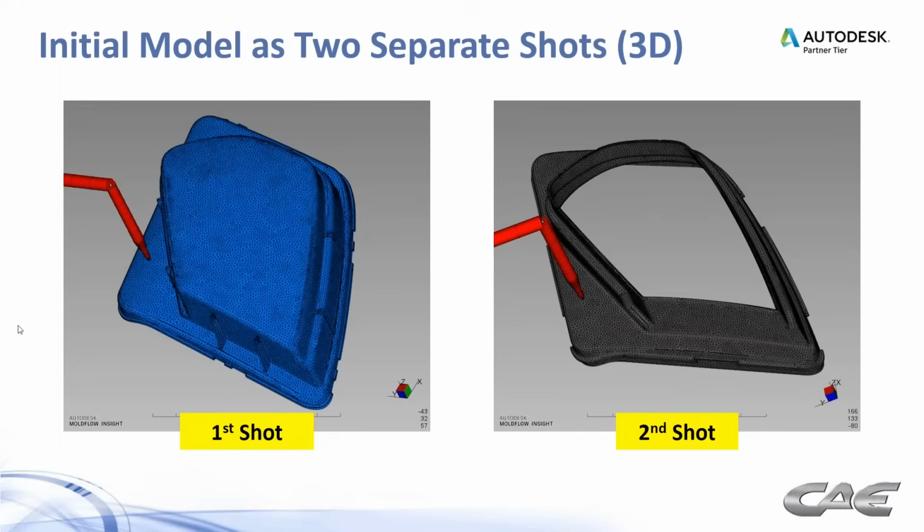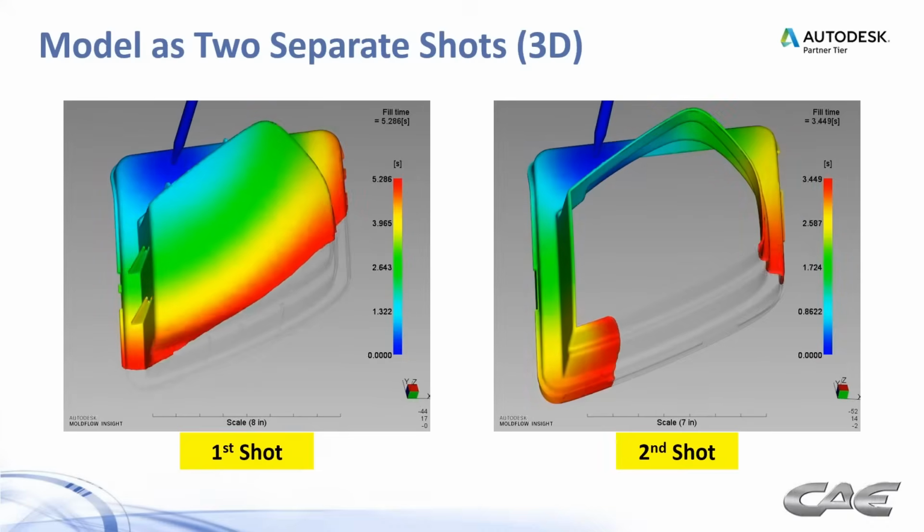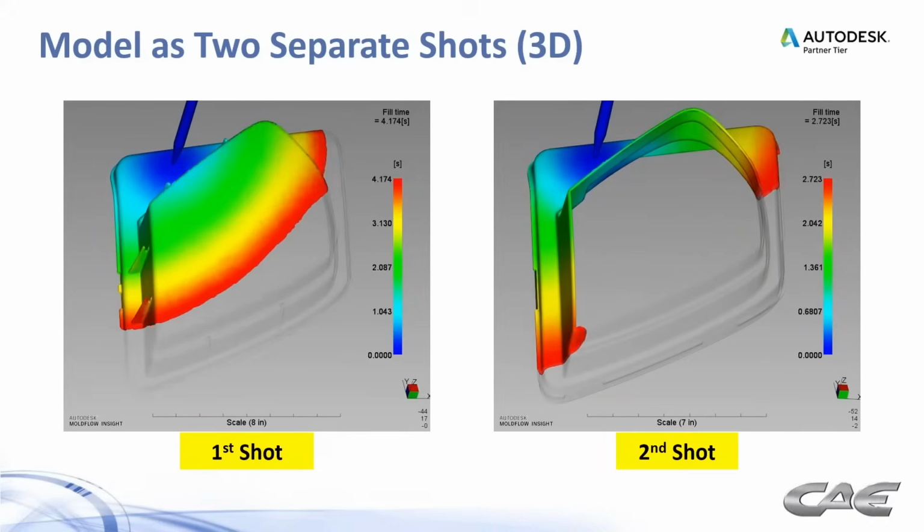So in the first shot, we were kind of limited to this area as an area that we could place the gate, because this area over here was going to be visible. And then similarly for this location over here, we wanted to keep this off into the same area. So we had to deal with the consequences, essentially, of having limited gate locations. You can see the filling animations that result from those.